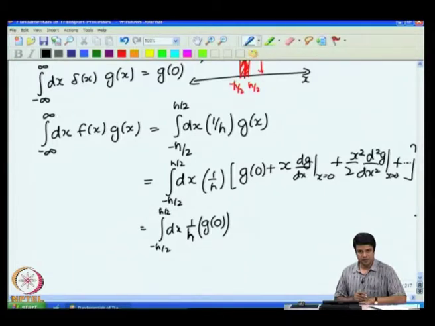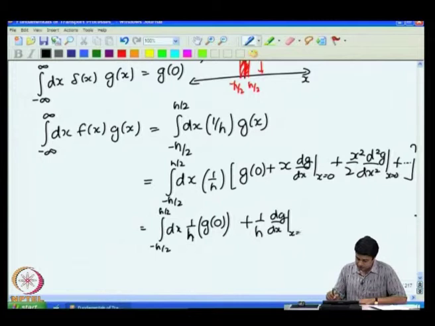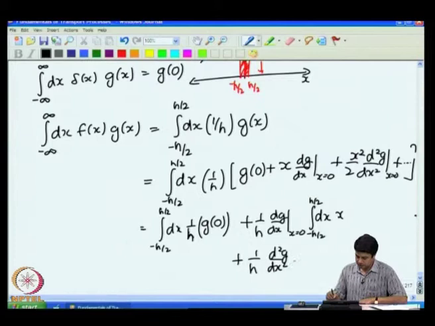So, I am just integrating a constant from minus h by 2 to plus h by 2, plus the second term, 1 over h is a constant, dg by dx evaluated at x is equal to 0 is a constant, integral dx times x, plus the third term will be 1 over h d square g by dx square at x is equal to 0, integral dx times x square.